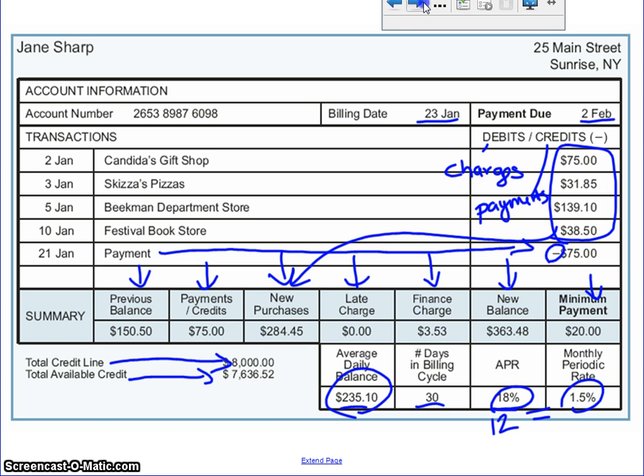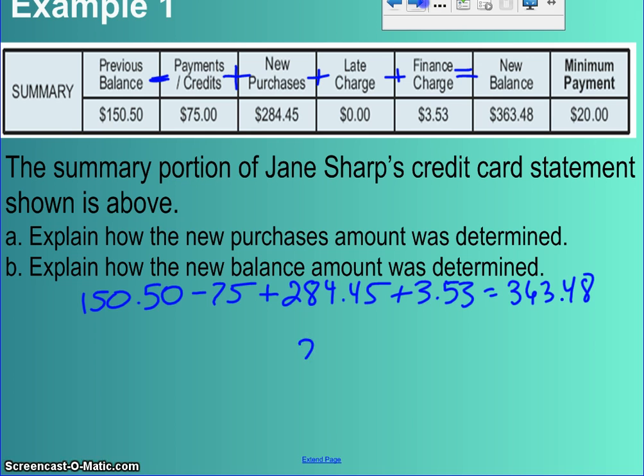So if you take the 235.10 and put it into your calculator and multiply that by 0.015, which is the monthly periodic rate, that's how you get the finance charge.